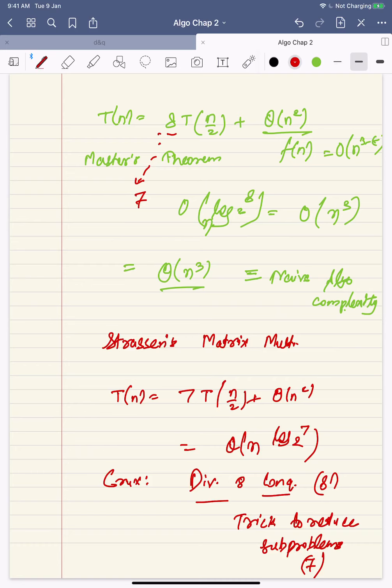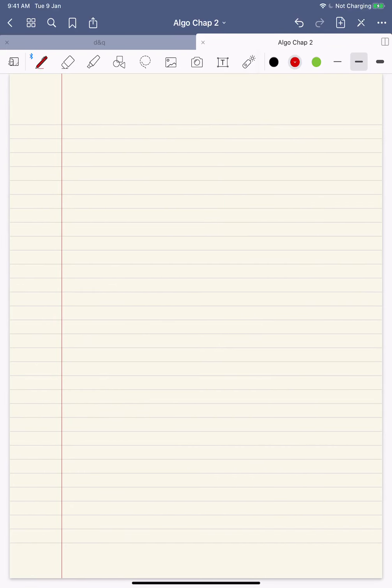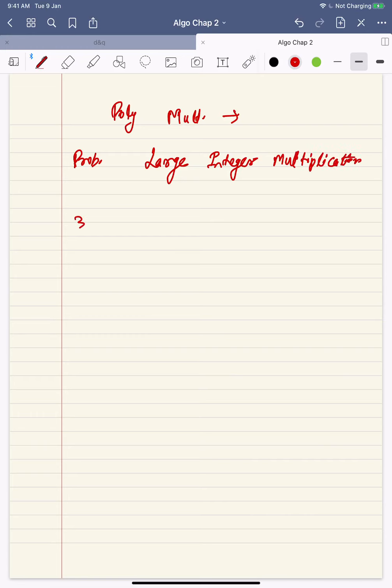I give you an exercise that is based on polynomial multiplication. So what is the exercise? I will give you another problem. The problem is large integer multiplication. Something like 34218965203 times 38956021, and so on.